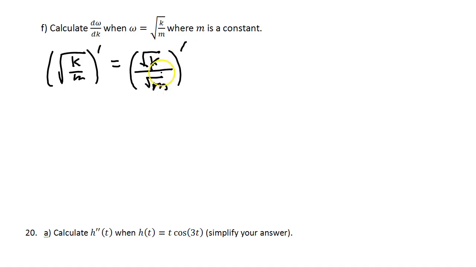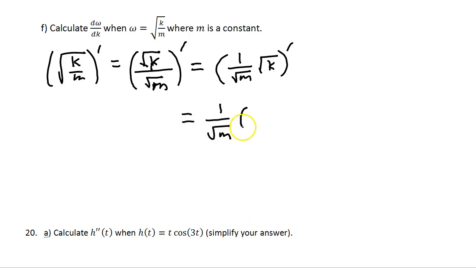The square root of m in the denominator is just a constant, because m is a constant. If you rewrite it as 1 over square root of m times square root of k, a constant multiple can be pulled out. And you're only differentiating square root of k, where k is like the x.